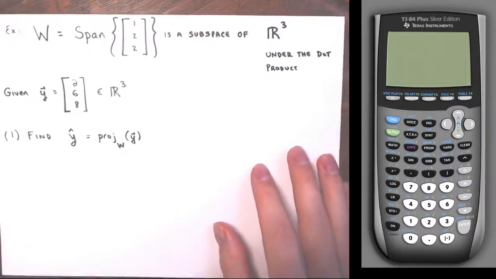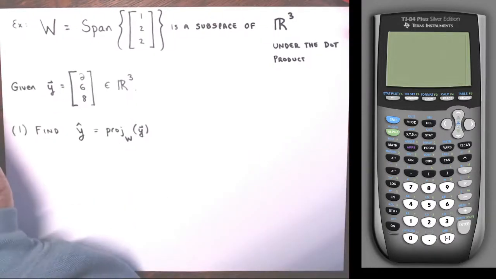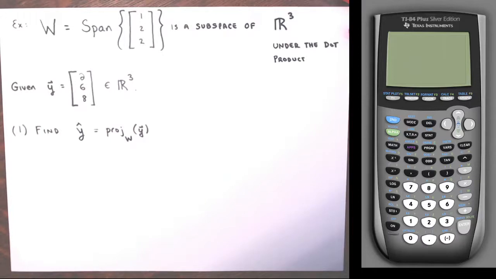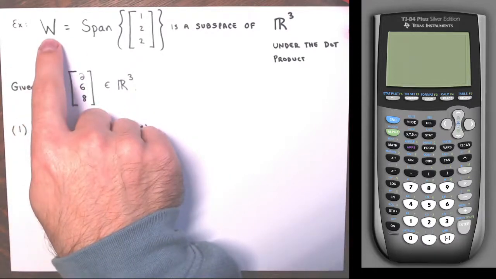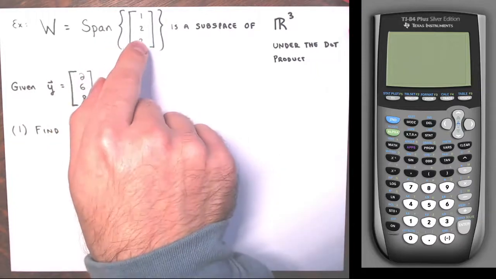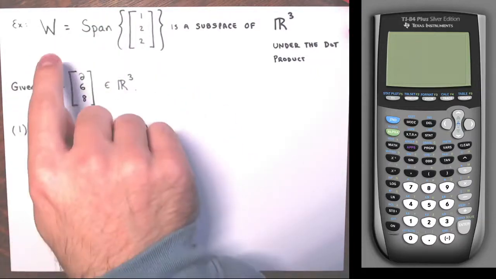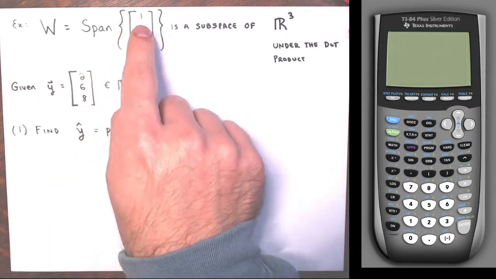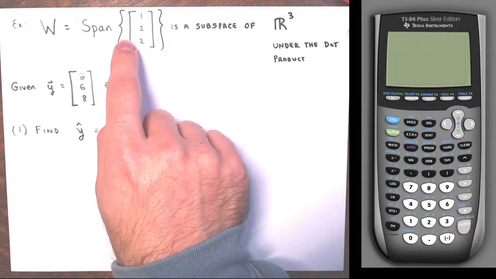Now I'm going to an example in R3, which again we can still picture. I've got the GeoGebra.org 3D calculator up, so I'll show you that. This time W is again just a span of a single vector, so this one's not going to be crazy complicated. W is the span of the vector (1, 2, 2), so just a line containing the origin in R3.